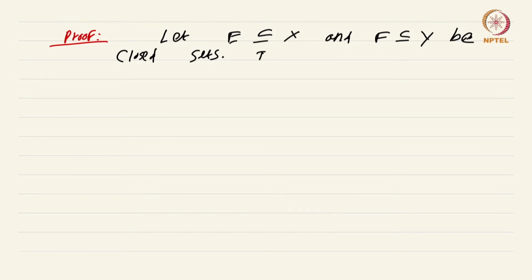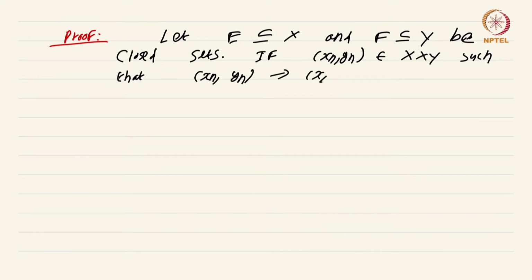So if (xn, yn) is a sequence in X cross Y such that (xn, yn) converges to (x, y) in X cross Y, then we have the characteristic property: xn converges to x and yn converges to y.